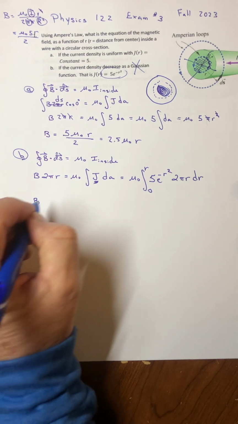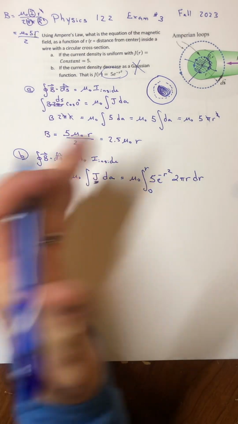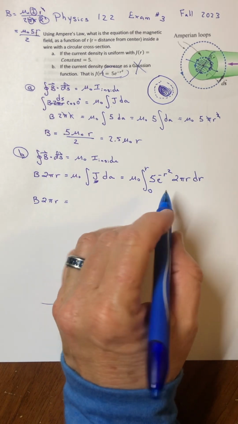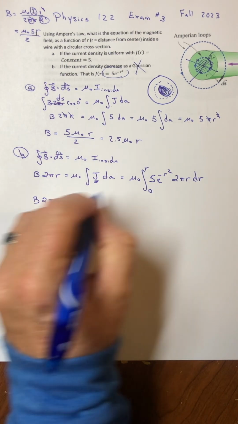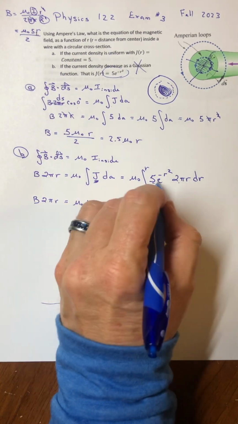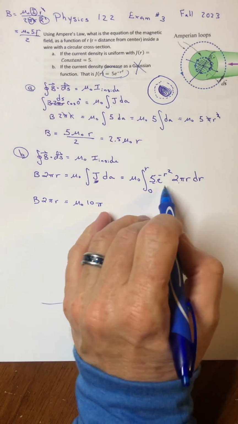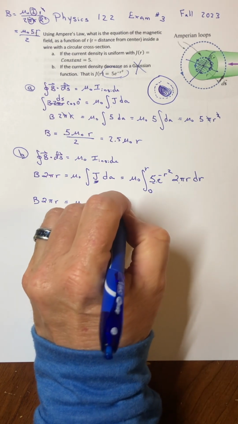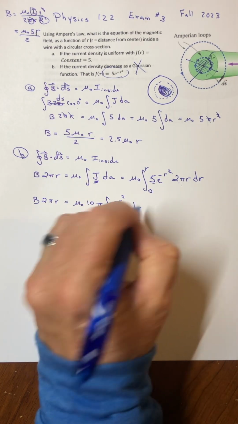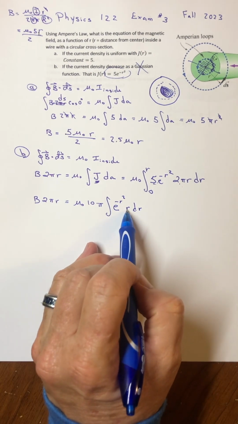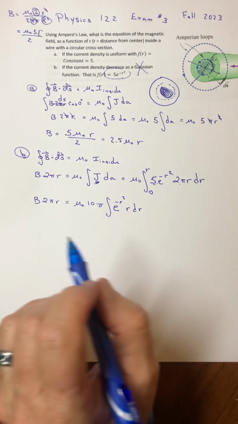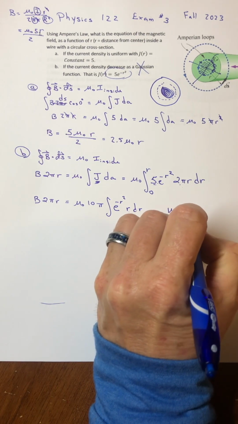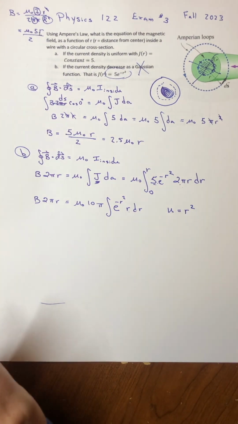All right, so then I've got B 2 pi r still over here on the left-hand side. And over here on the right-hand side, why don't I go ahead and factor out the 5 and the 2. That makes a 10. I'll even factor out the pi. And now I'm just left with an integral of e to the minus r squared r dr. And since this is the derivative, or differential, of that, it's a perfect setup for a u sub.